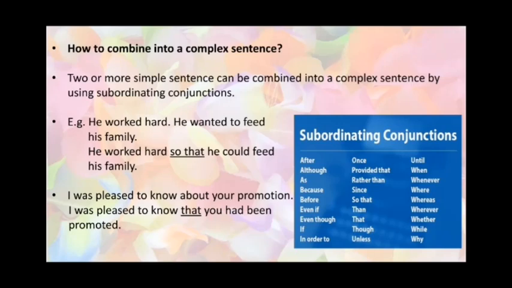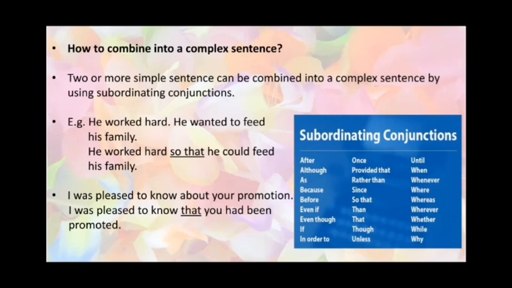Next, I was pleased to know about your promotion. So, I was pleased to know that you had been promoted. Did you see, we have made the sentence a little bit longer. I was pleased to know, subordinating conjunction, that you had been promoted.